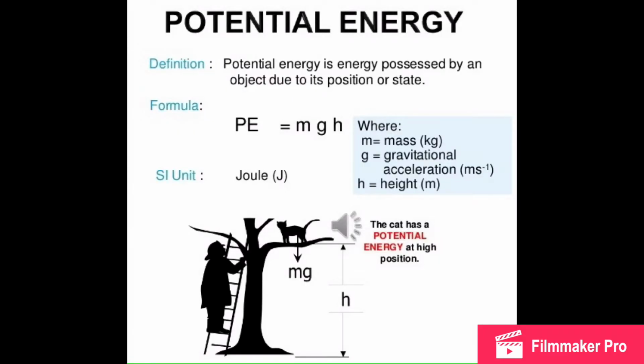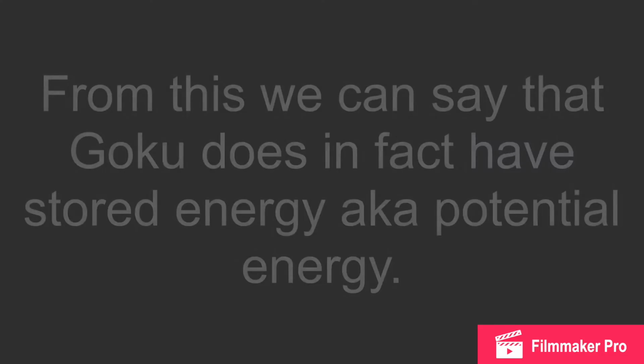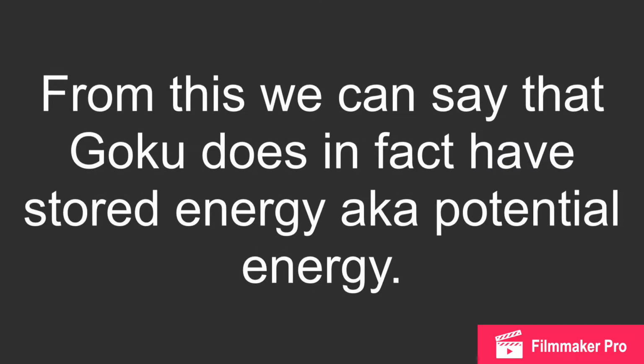Potential energy, by definition, is energy possessed by an object due to its position or state, and is also measured in joules. For example, this cat has a high potential energy because it is at a high position. From this, we can say that Goku does in fact have stored energy, aka potential energy.